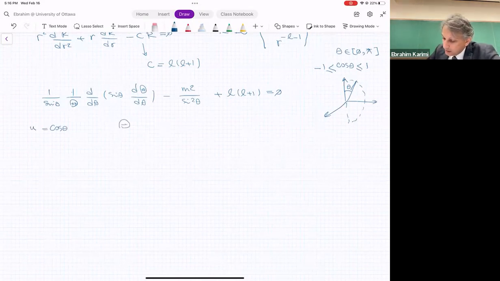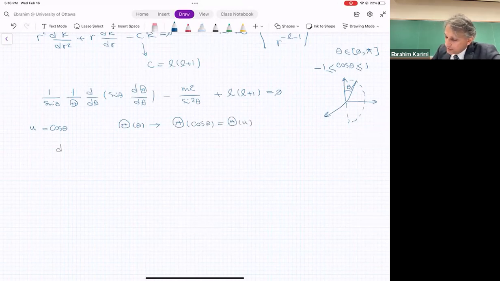Here, theta capital is a function of theta small, which, as we discussed, is changing from 0 to pi, and therefore cosine of theta is changing from minus 1 to 1. So now I'm changing the variable in such a way that I'm dealing with cosine of theta. Then theta capital is no longer a function of theta small, but a function of cosine of theta, which is u.